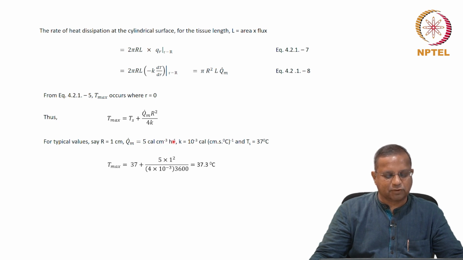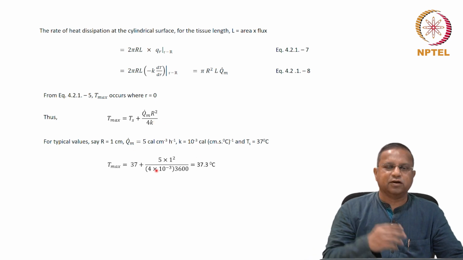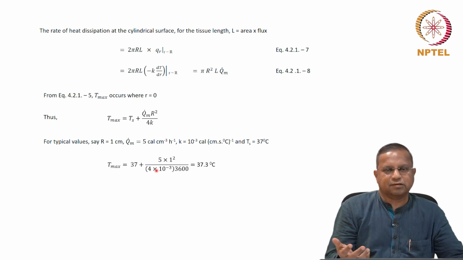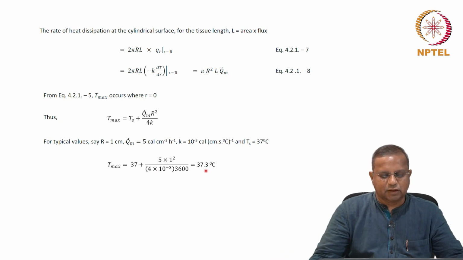Therefore, calories per centimeter cubed per second is going to be 5 by 3600. R squared is 1 squared, 1 centimeter, and 4 into 10 to the power minus 3, 4k. So the units all cancel out, or you could convert them into a consistent set of units and then cancel out. It doesn't make a difference in this case. That will turn out to be 37.3 degrees C.